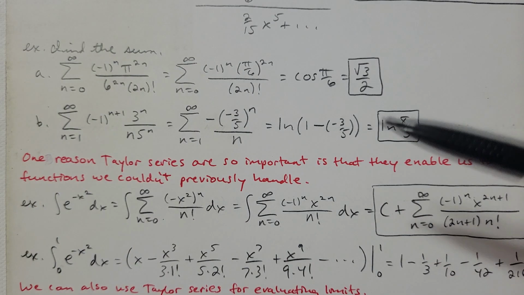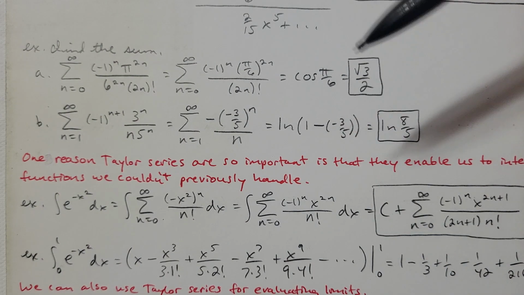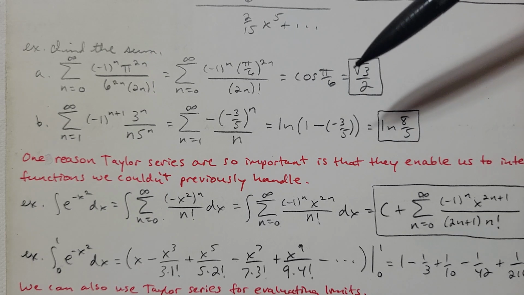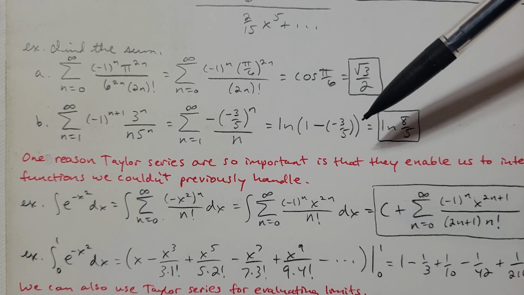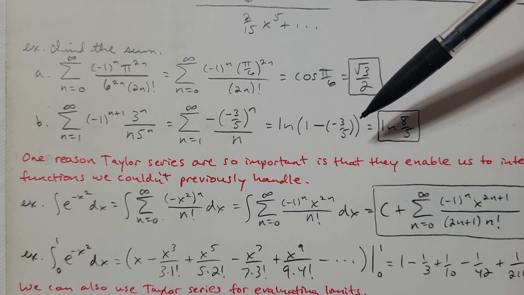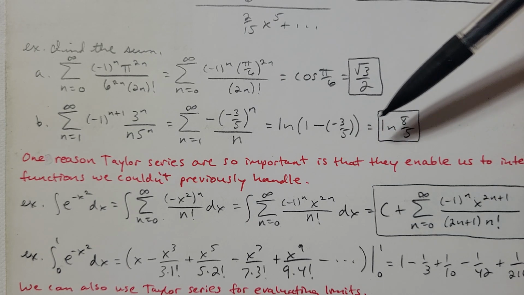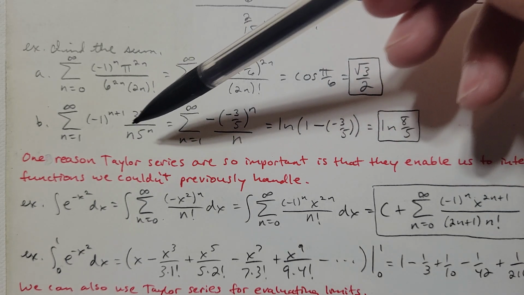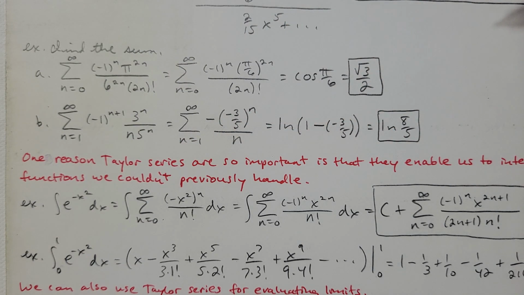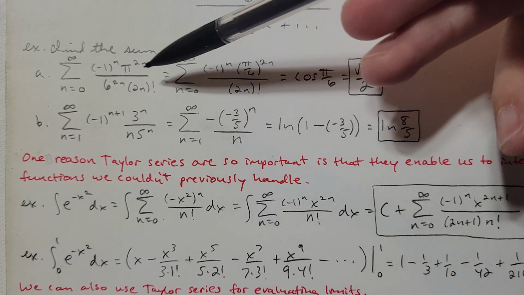And so I'm going to have the ln of 1 minus negative 3 over 5. Okay, 1 minus negative 3/5 is 8/5. So the ln of 8/5, that would be the grand total from adding up all infinitely many of these terms. Okay, so there's a couple of problems like this in the book.